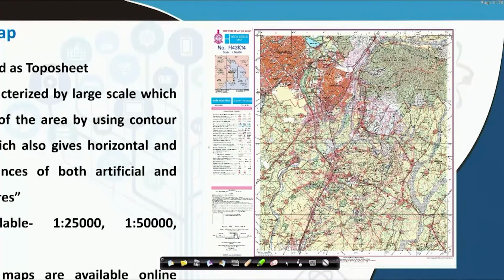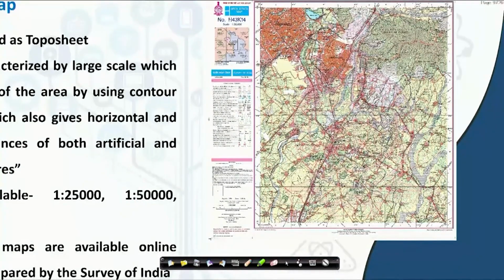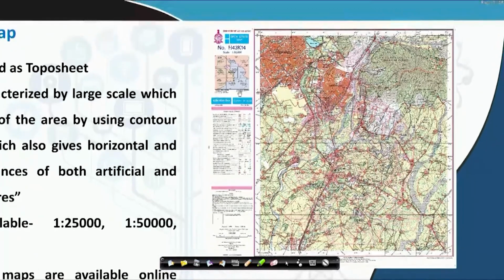You can see a scale is also mentioned. You have the north arrow mentioned, and every detail about who has done it, what kind of map it is, has also been mentioned. So this is the entire complete map that you will have to look at when you are looking at this particular region.